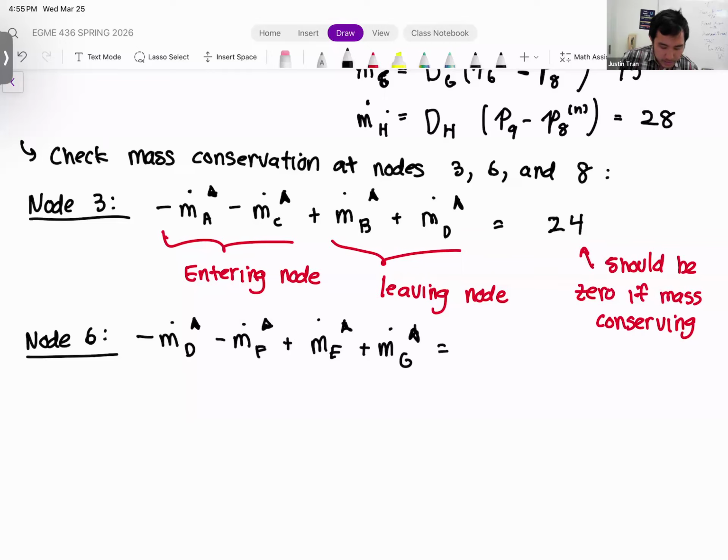So this has the same convention as above, right? Any mass flow rates entering the node, we're going to put a minus sign there. Any mass flow rates leaving the node, we're going to put a plus sign. All right, so we add all these up and we get 14. So once again, we get something that's non-zero, which makes sense because our mass flow rates here are not mass conserving just yet.